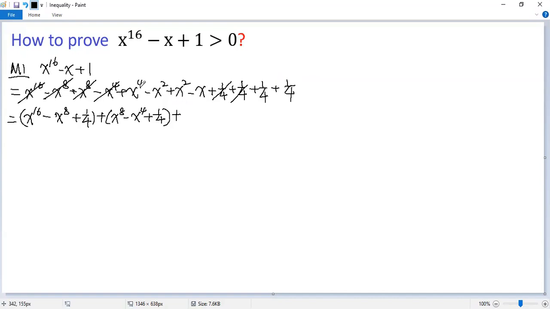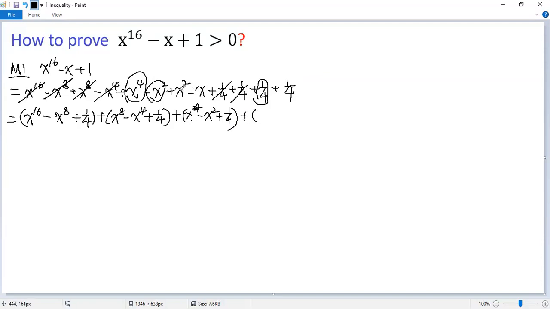The next group: x to the power of 4 minus x squared and then plus 1 quarter.